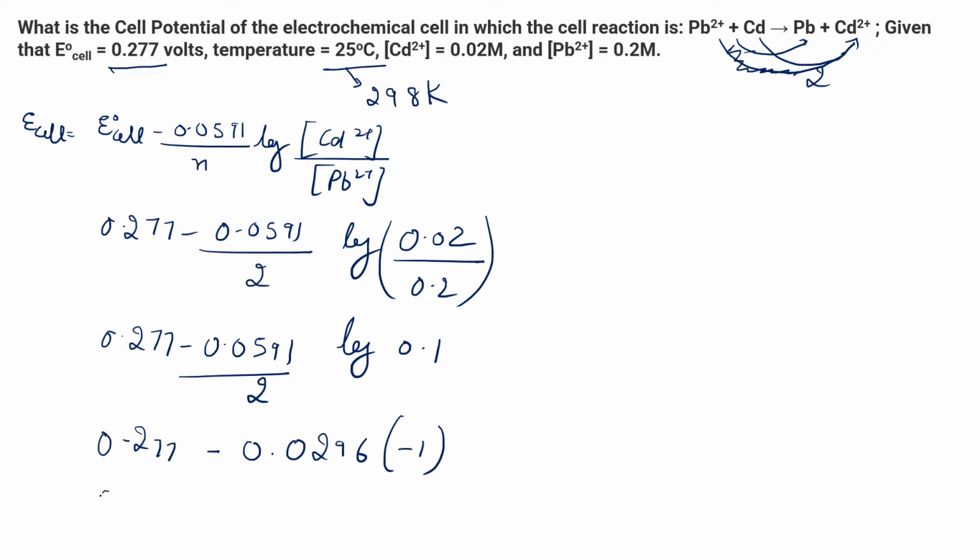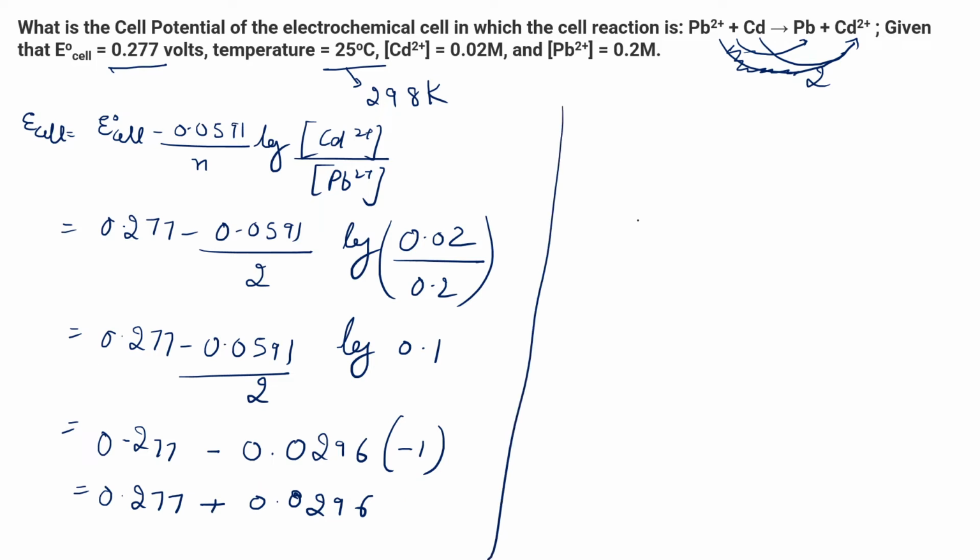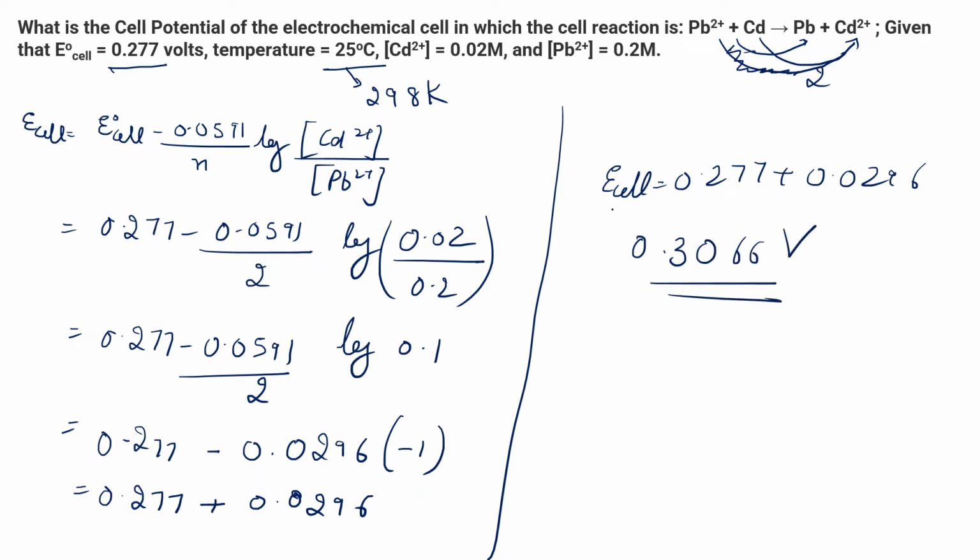So we'll be having the value 0.277 plus 0.0296. Adding the two, we'll be getting E cell as 0.277 plus 0.0296. The value is 0.3066 volts. This is the answer.